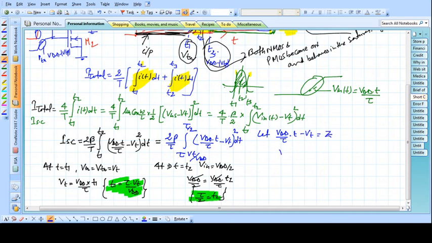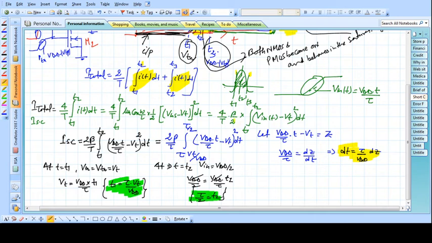So we can write VDD by tau equals dz by dt, just differentiating with respect to t. So we can write dt equals tau by VDD dz. Is it okay? Very simple integration method that we are using.